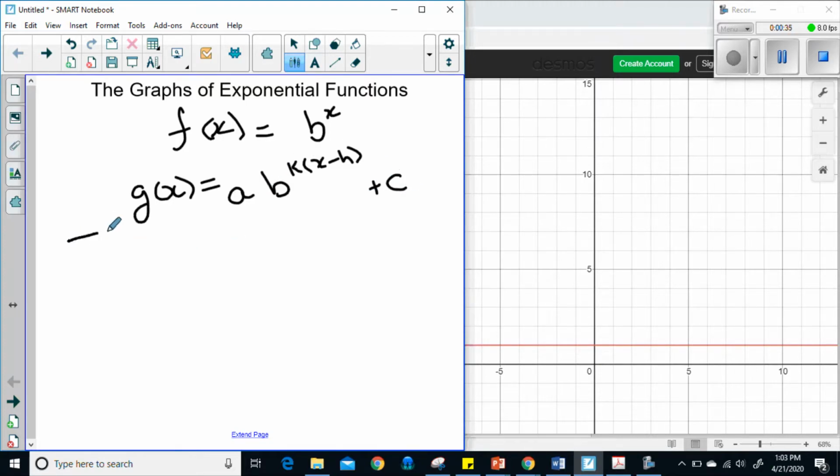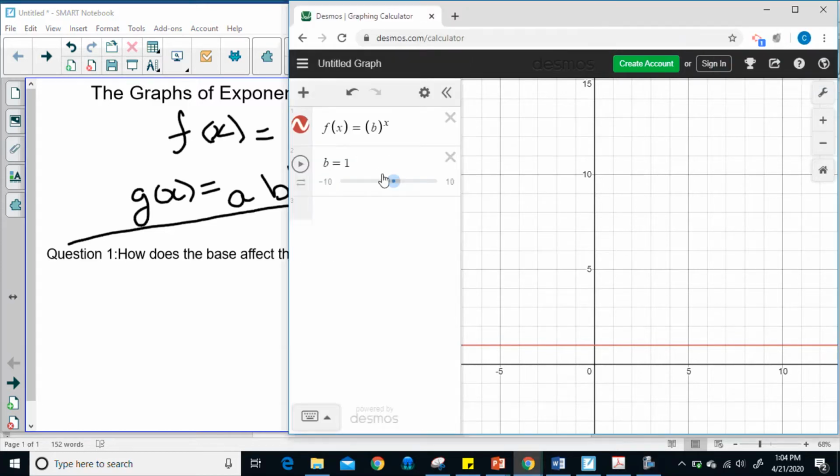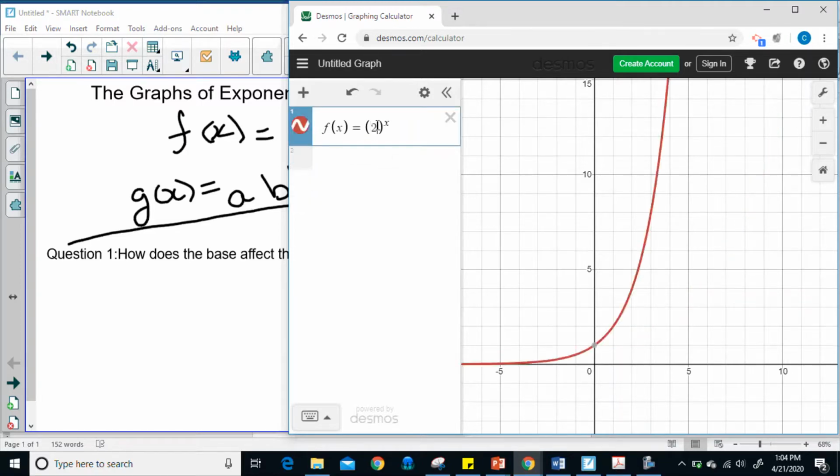But before we even start that, let's take a look at what the different bases are going to mean when we go to graph. So in order to figure out how the base affects the graph, let's look at this in Desmos. If I have a base of, say, 2, it's going to look like this.